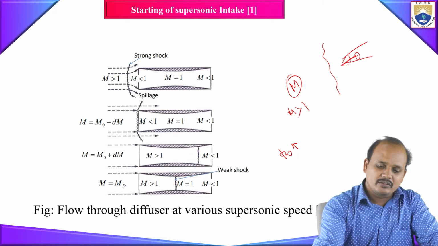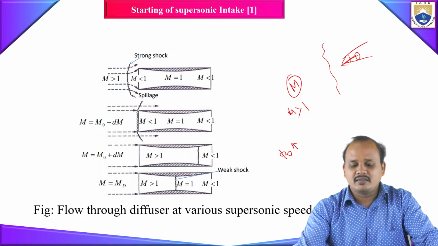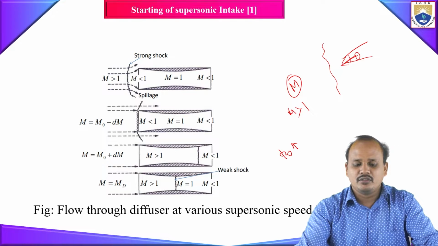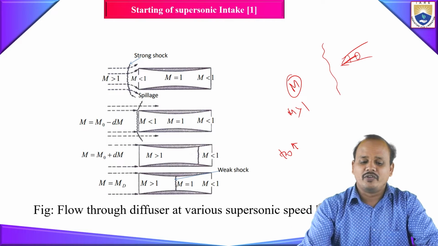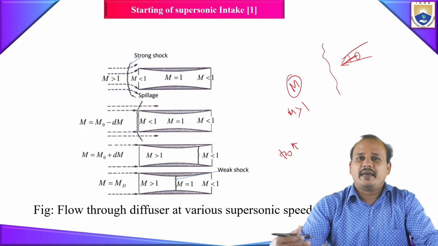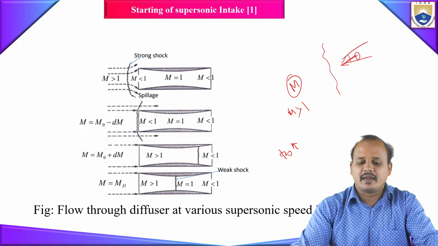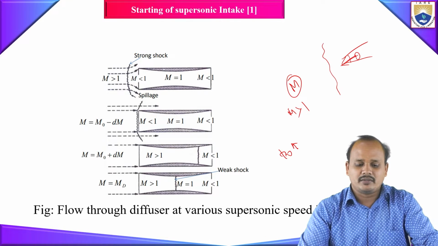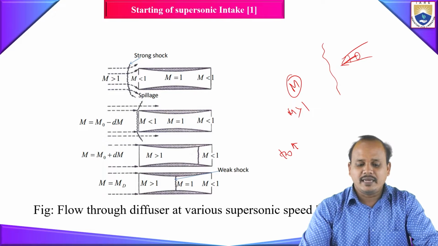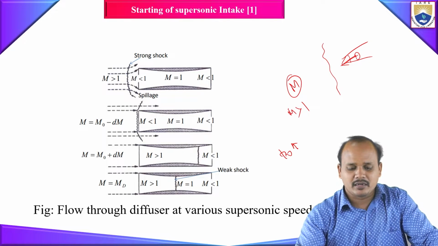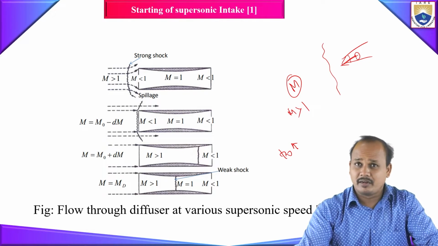Once again, this also we don't want, because this condition creates two problems. One is a strong shock wave forming in front of your intake, which creates the spillage as well as the total pressure loss. Now let's say I have a supersonic Mach number.